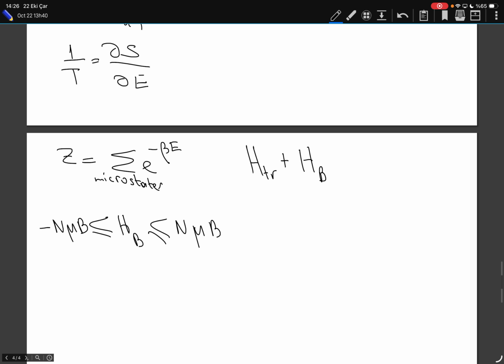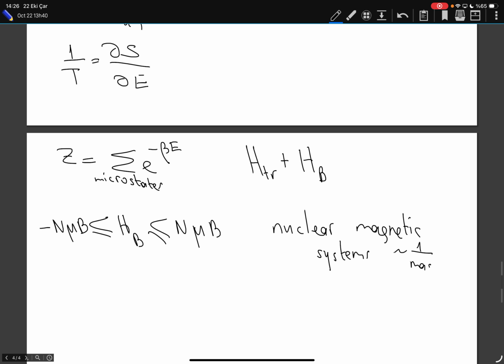And in fact, nuclear magnetic systems are such systems. Nuclear magnetic moment doesn't interact with the other degrees of freedom strongly. The interaction is quite weak because it is basically proportional to 1 over the mass of the nucleus. The mass of the nucleus is large, so the nuclear spin doesn't interact with the other degrees of freedom.